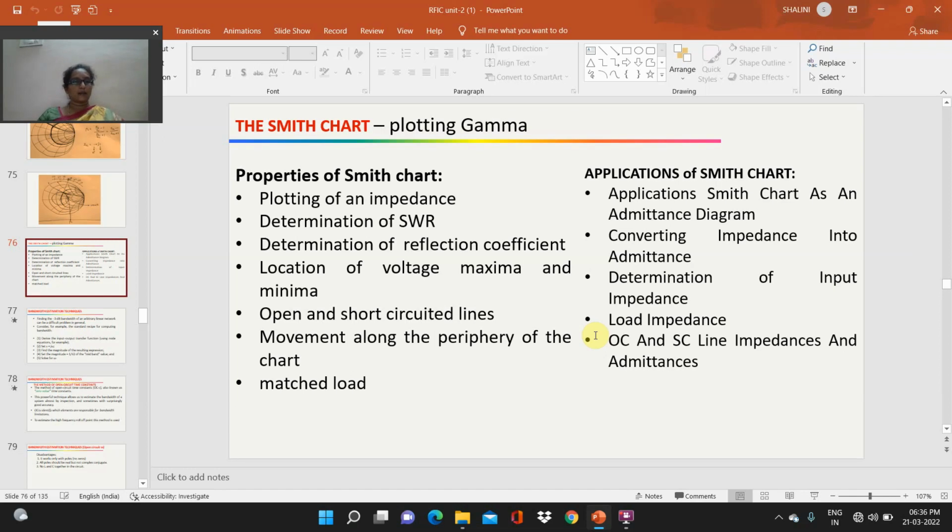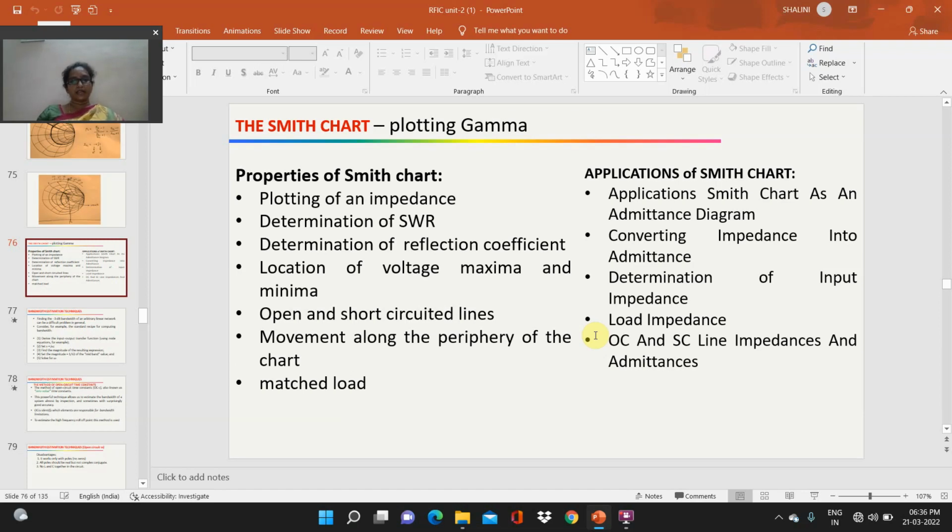So these are all the properties of Smith chart.